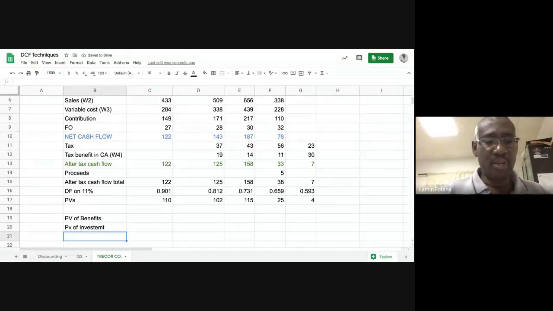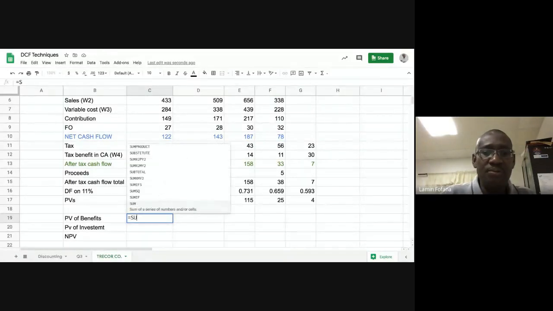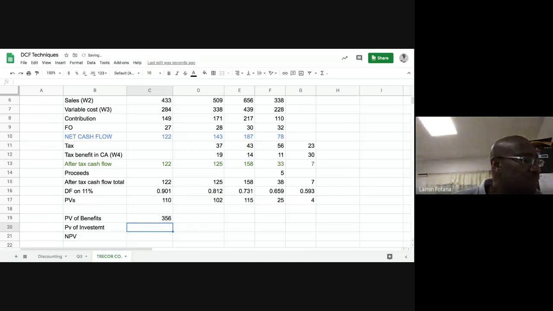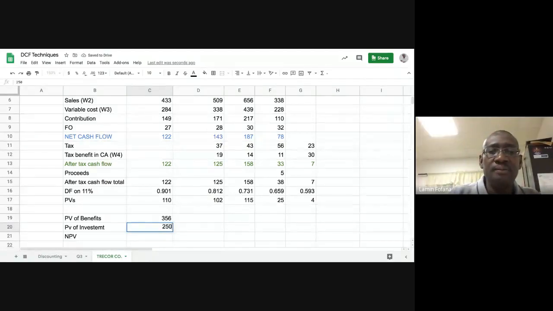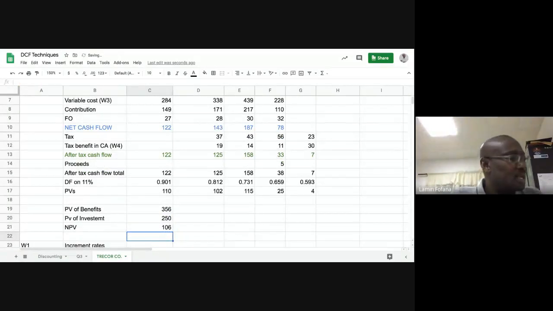And then we have our NPV. So the benefits, we can add them up from here, all of them. And that of the investment is 250,000. The difference is the NPV. Done. So the NPV is 106,000.